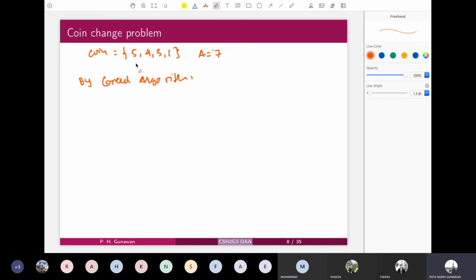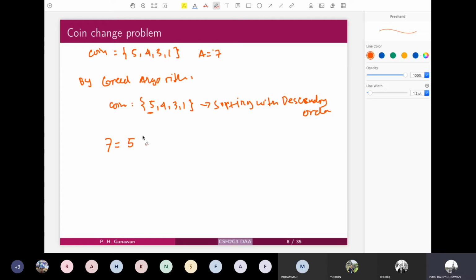So this is already sorted in descending order: 5, 4, 3, 1. So then 7 is equal to, first you pick 5.